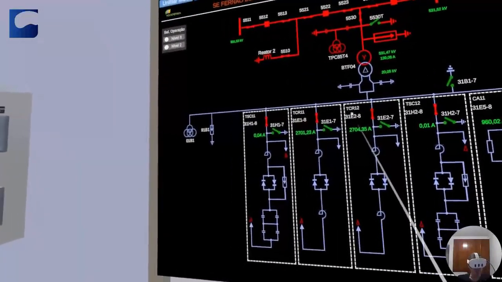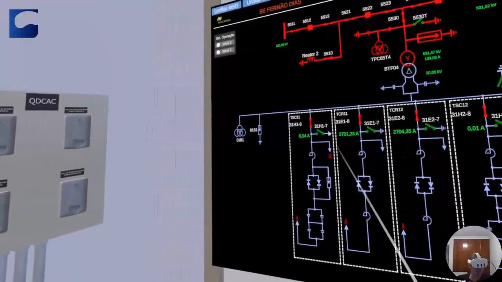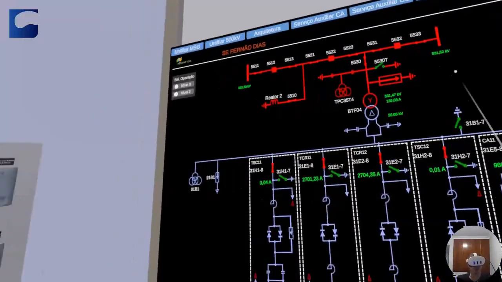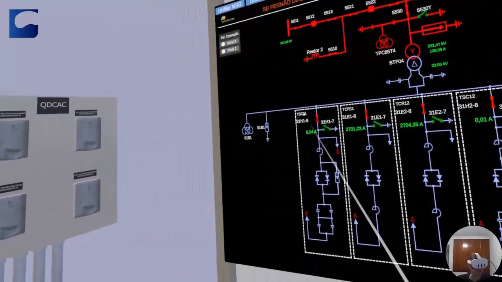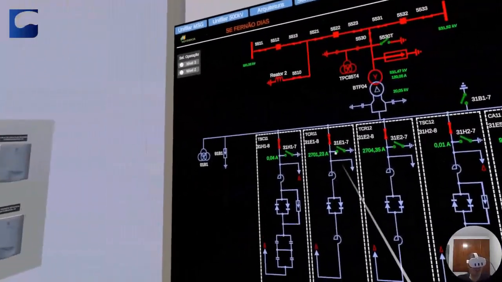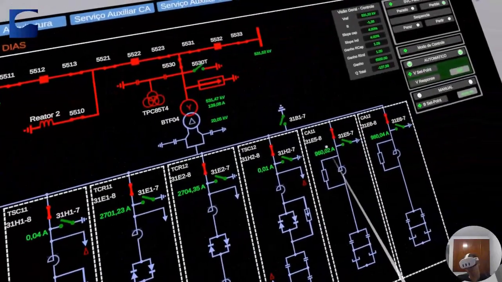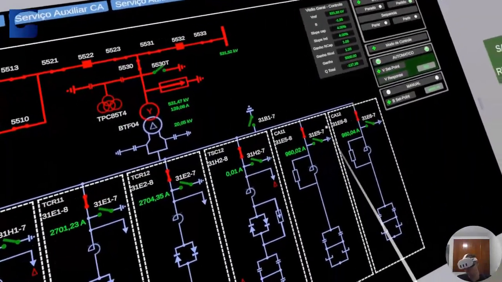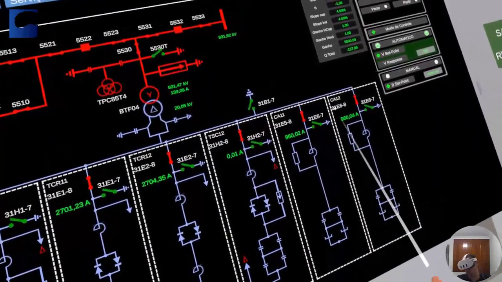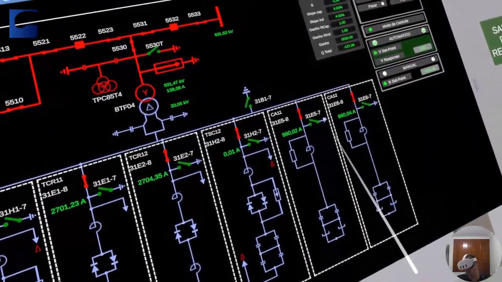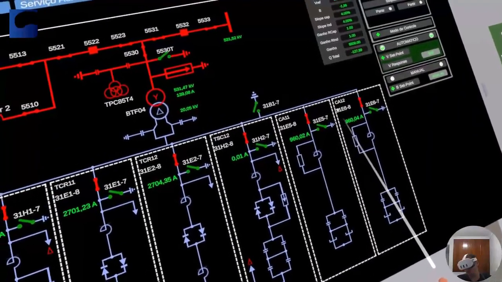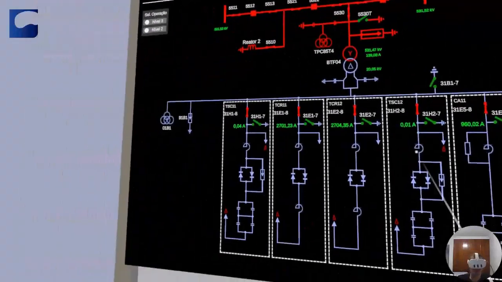So this static compensator is made up of two TSCs, this one and this one here, and two reactors that are switched. There are also the filters. The specialized electronic filters located right here are designed for managing any unwanted electrical harmonics.